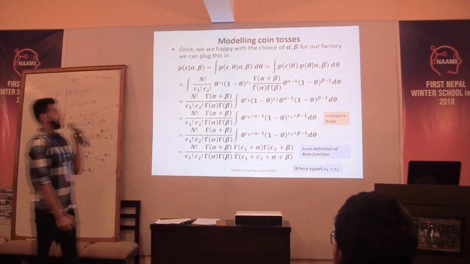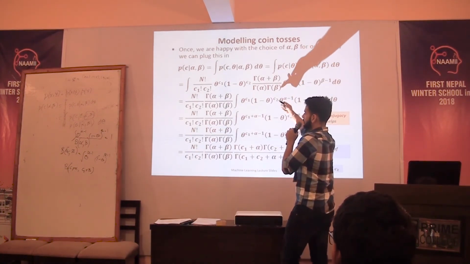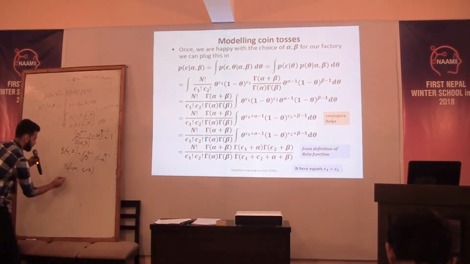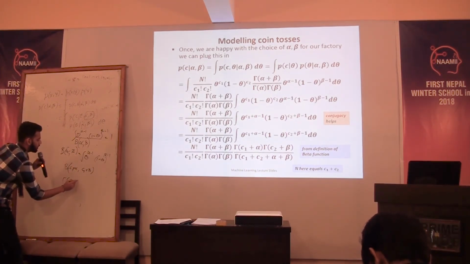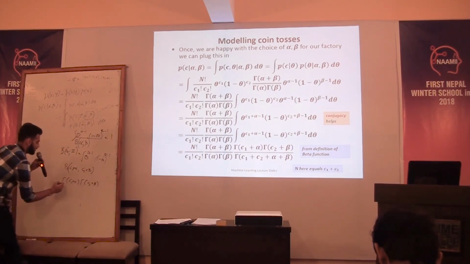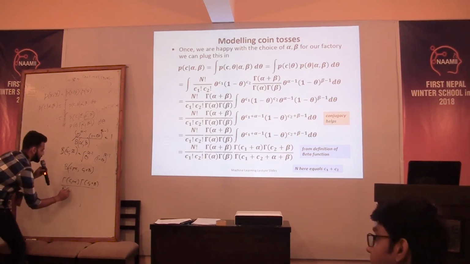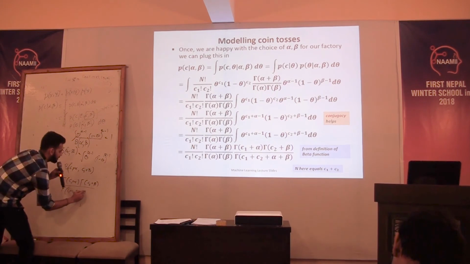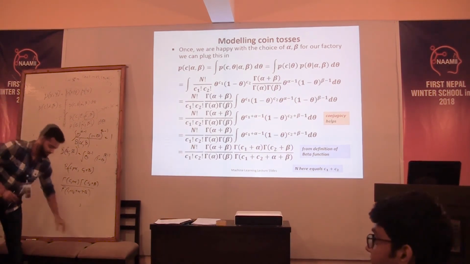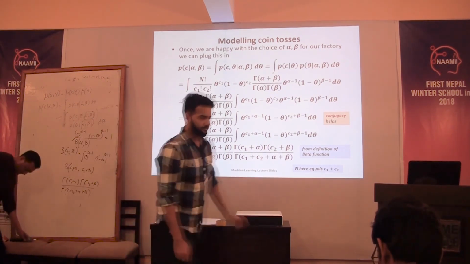We then find out what that is, which would be gamma of C1 plus alpha, gamma of C2 plus beta, over gamma of C1 plus C2 plus alpha plus beta, and you have your solution. Excuse my handwriting, sorry. Okay, thank you.